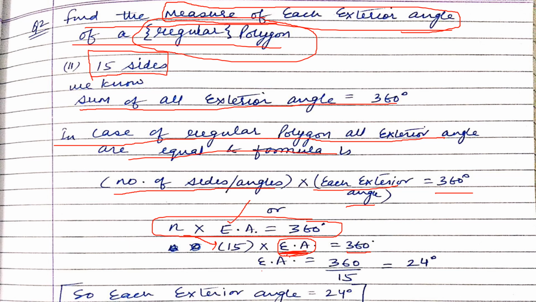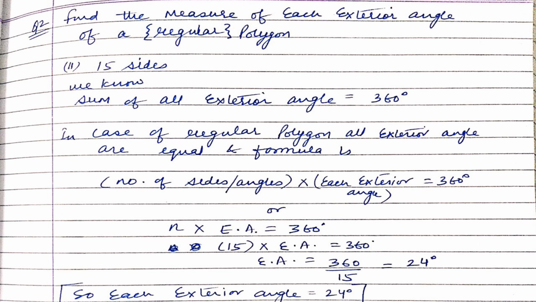So I have kept EA on the left hand side and taken this 15 in the denominator. Here it is multiplying, here it is dividing. 15 24s are 360. Hence we can say each exterior angle is 24 degree. The same formula is used if the given polygon is a regular polygon.